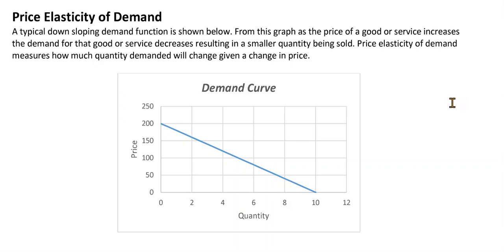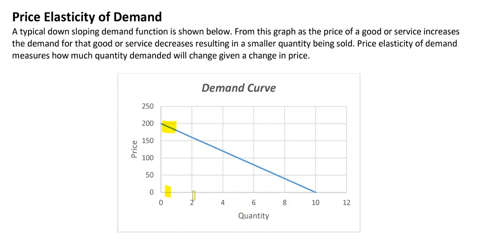This is most easily represented through a graph, a downsloping graph, such as the one that we see here. So we can see from this curve that when we have price, which is on the vertical axis, when price is really high, like up in here, then the quantity demanded is very low.